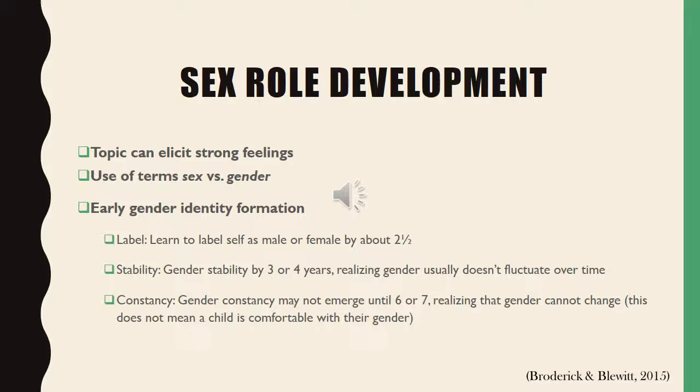I do think it's important to note here, though, in this 3rd stage, even as they're developing consistency, this does not mean that a child is comfortable with their gender. It often just means that they recognize it's likely not going to change for them.